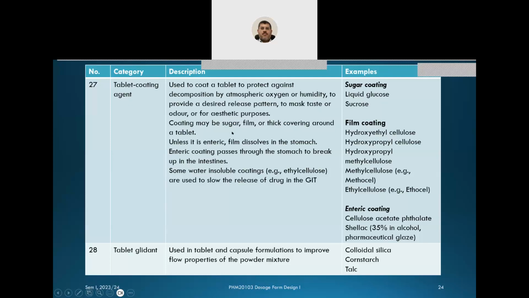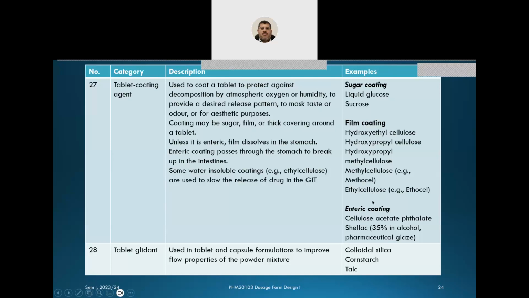It also protects from humidity and atmospheric oxygen. Usually polymers are used together with a plasticizer. And then we have another material, like polyethylene glycol, to cause rapid dissolution when it comes into contact with water.